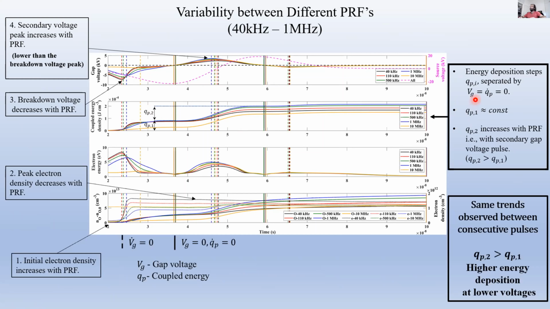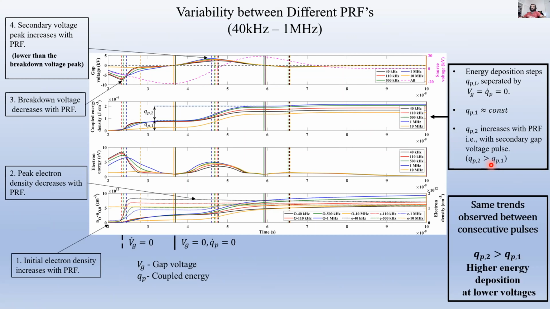They are separated by points in time where the gap voltage, and therefore the coupled power, vanished. We can see here that QP1 is relatively constant across the variety of PRFs, but QP2 rises with the PRF. That means it rises with the secondary gap voltage magnitude. And right after 40 kilohertz, we get to the point where QP2 is larger than QP1.